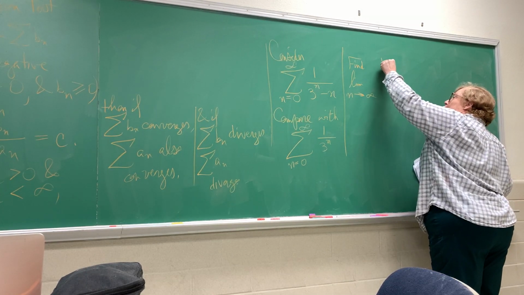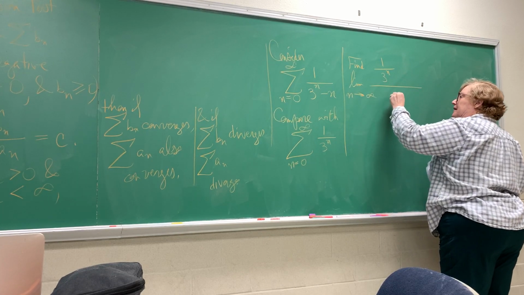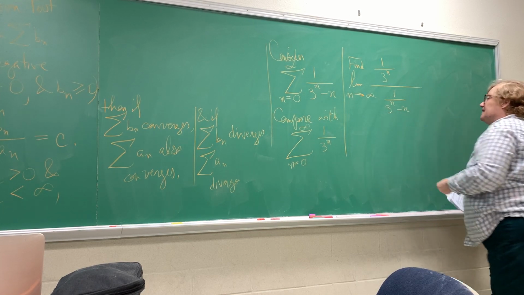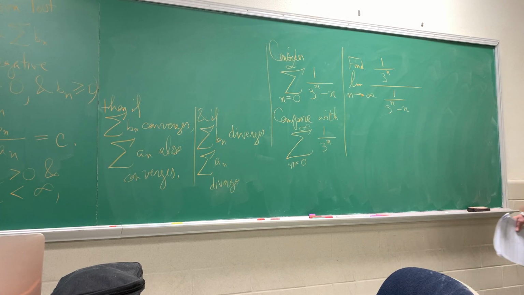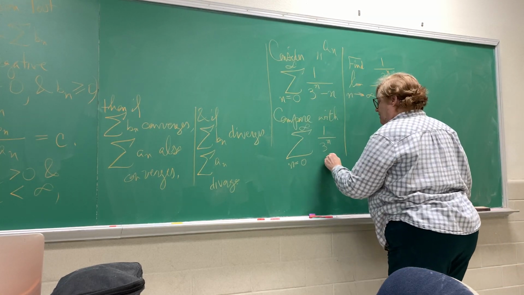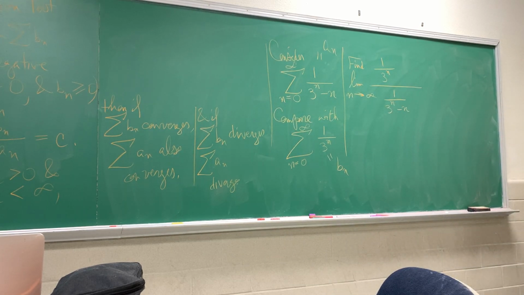Of 1 over 3 to the n divided by 1 over 3 to the n minus n. So we're letting this first series be our a sub n's, and the second our b sub n's.